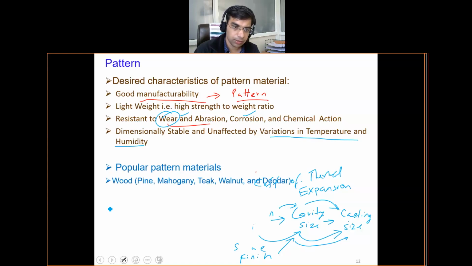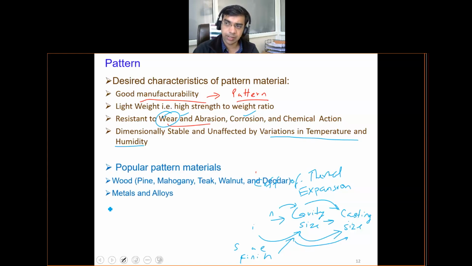In more than 50% of cases in casting, you will observe the pattern is made of wood. The reason is that it is easily available and easy to shape, and it is not badly affected by corrosion, though variation in humidity affects surface finish.